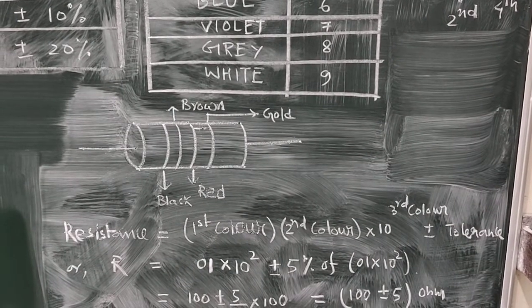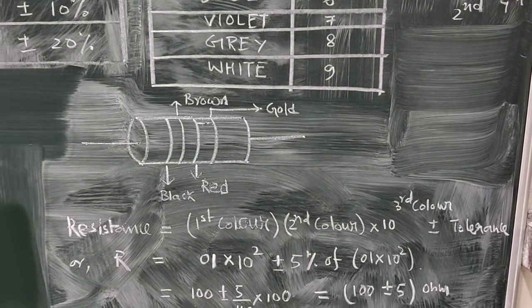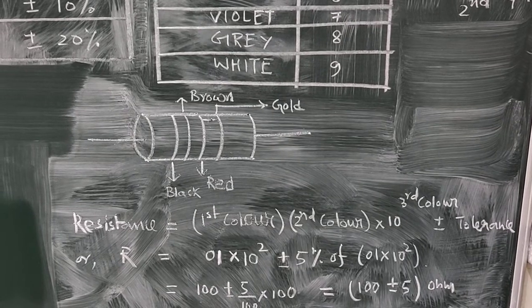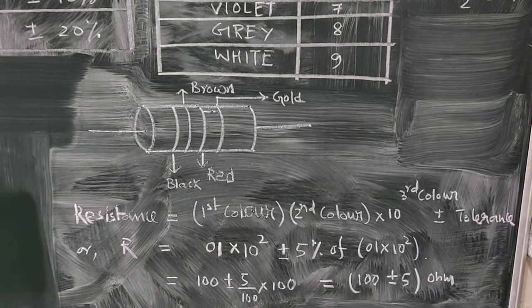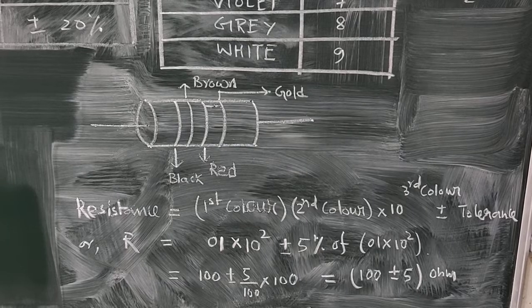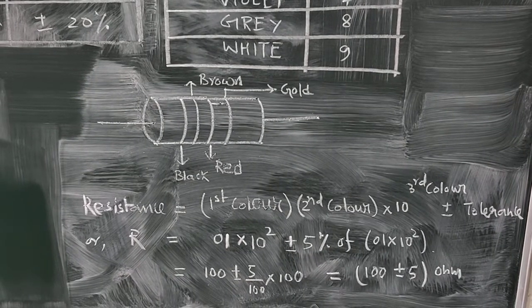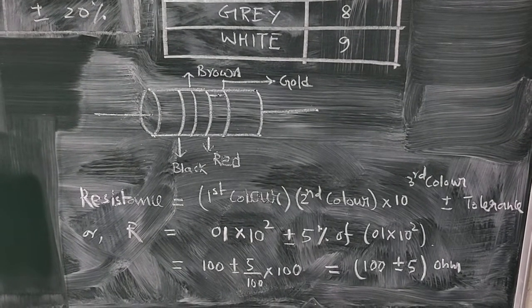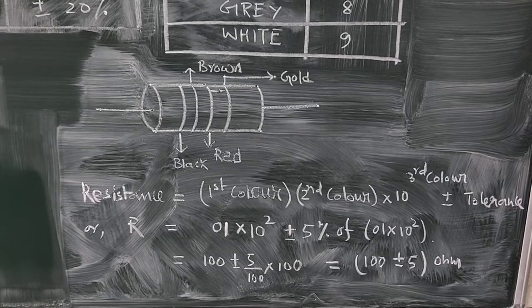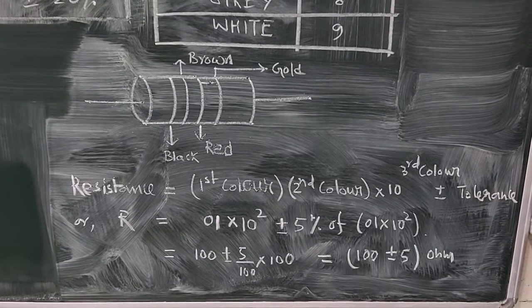So plus minus 5% of that initial value, that is 0, 1 into 10 to the power 2, ultimately comes out to 100. 5% of 100, so 5 by 100 into 100 goes off, so 100 plus minus 5 ohm.